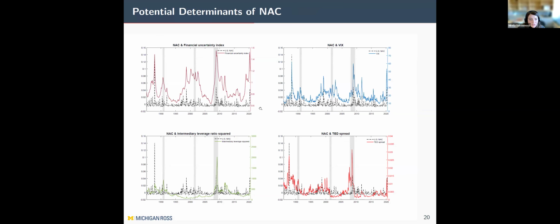In all of these plots, the dashed black line is going to be our US or domestic nonlinear arbitrage correction index, whereas the other ones are going to be different proxies. In the top panel, we have the financial uncertainty index, which is taken from Jurado, Ludvigson, and Ng.